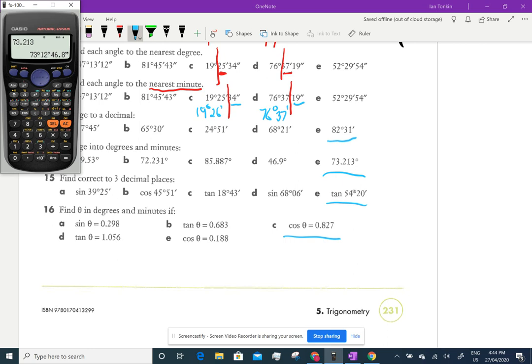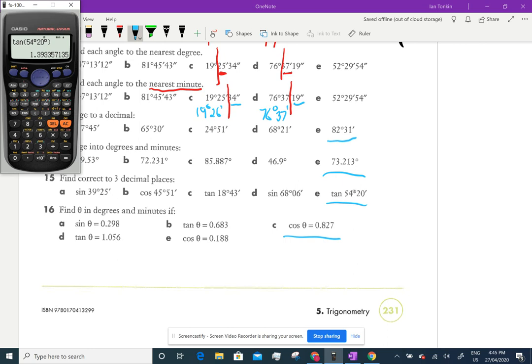So if I'm doing tan 54 degrees, 20 minutes, making sure your calculator's in degrees mode, you can close the brackets, you don't have to, press equals. I'm just going to double check that because I'm pretty sure I'm right. It's 1.393 if I rounded it to 3 decimal places.